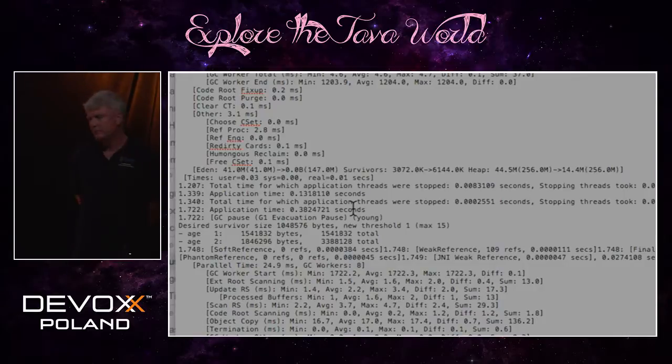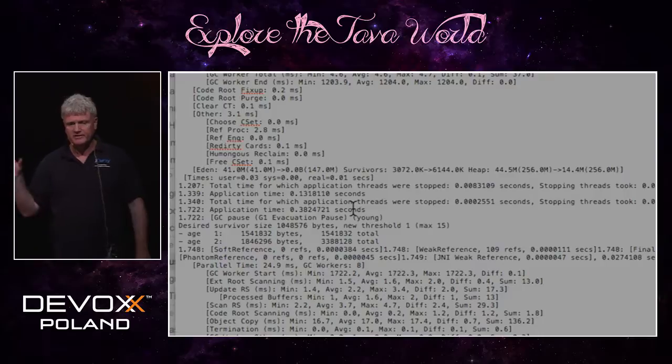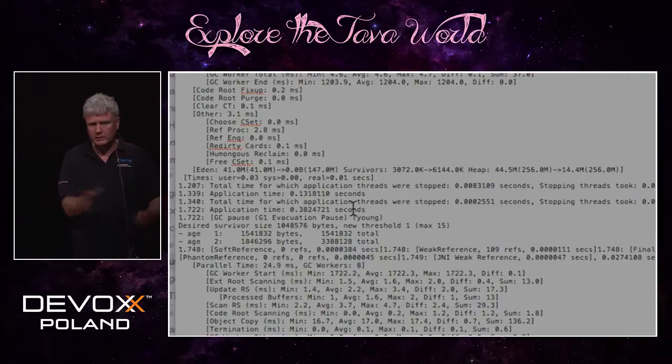Perm space looks more like a Java heap space. Metaspace looks like a C space, right? So when you get a metaspace leak, it's going to look like a C space leak. Where before, when you had a perm space leak, it looked like a Java heap space leak. But in terms of the actual collector itself, no.